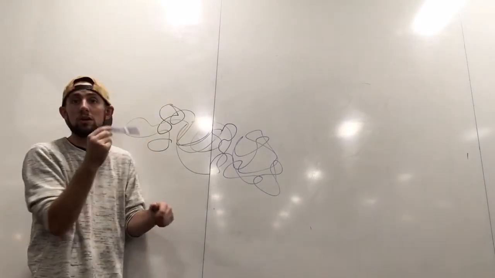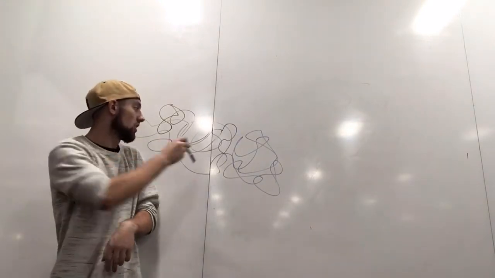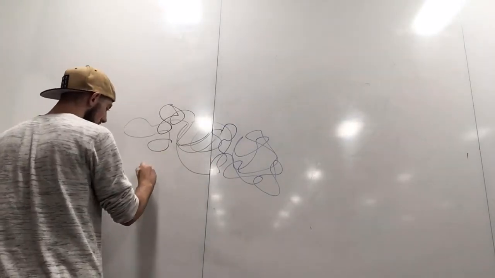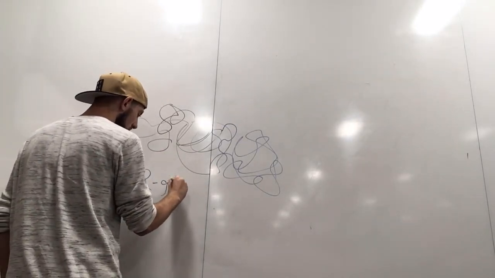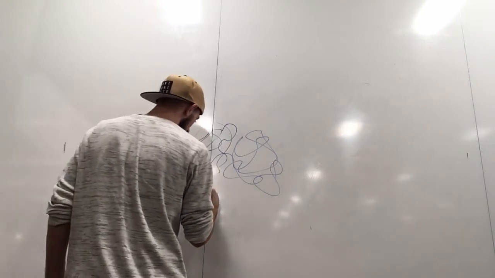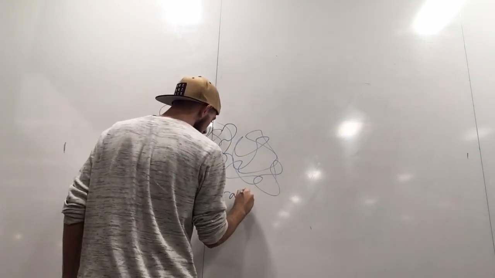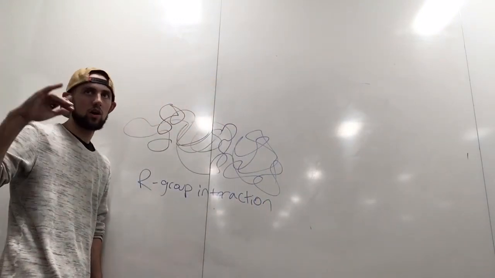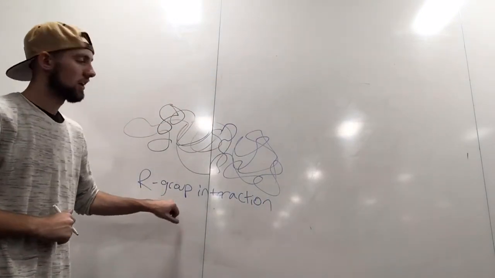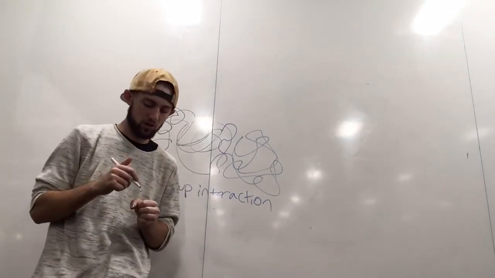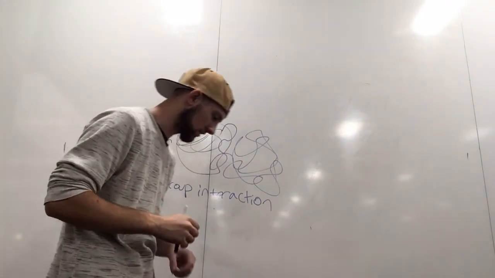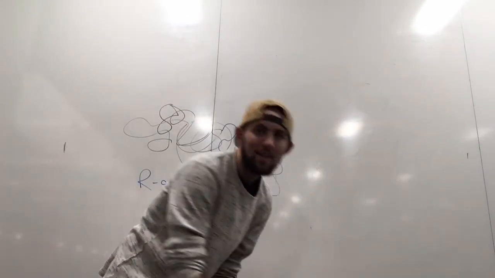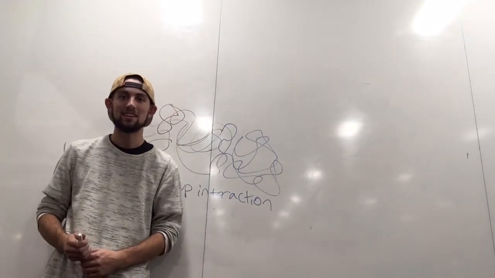But what are these amino acid chains, the polypeptides, using to hold each other together? They're being held together by R group interactions. Remember I said that the R group is not a part of the backbone of amino acids. That's because these are what are holding together these polypeptides. And guess what? That is it.